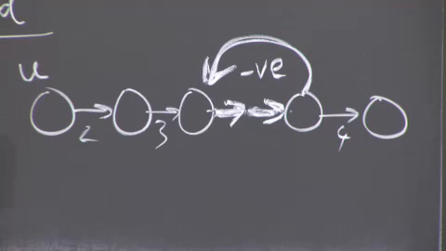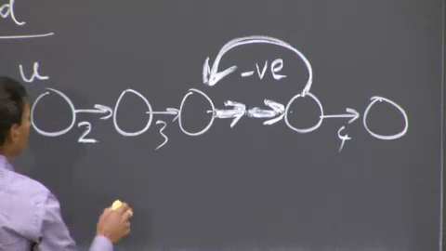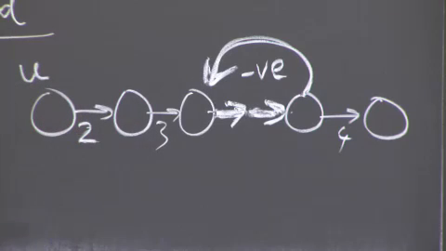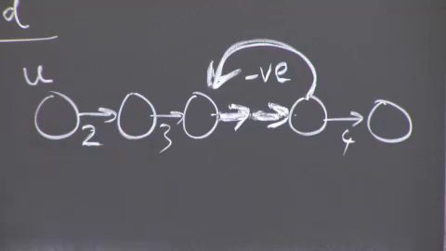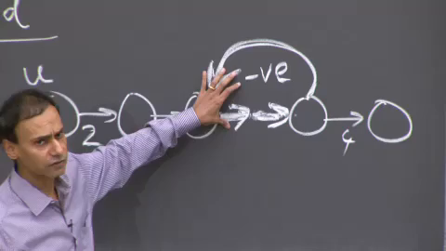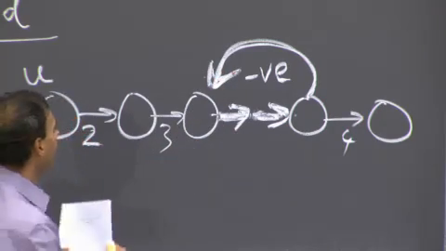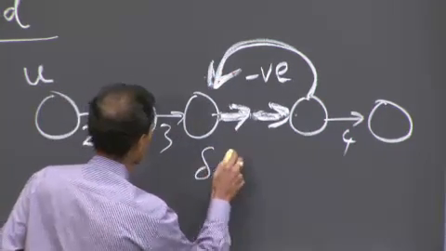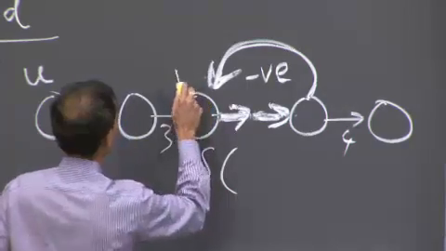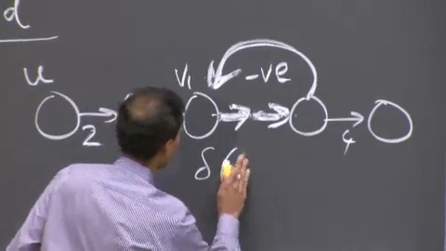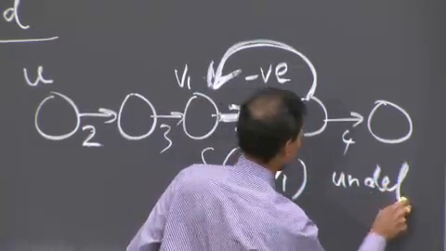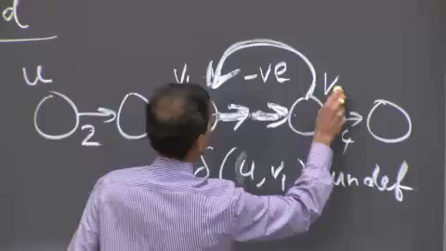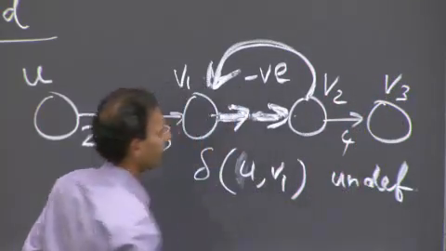Then if you have an algorithm that needs to work on this type of graph, what you want to be able to do is to detect that this negative cycle exists, and you're going to essentially say, if this vertex is v1, for example, you want to be able to say delta u v1 is undefined. And similarly for v2, v3, etc.